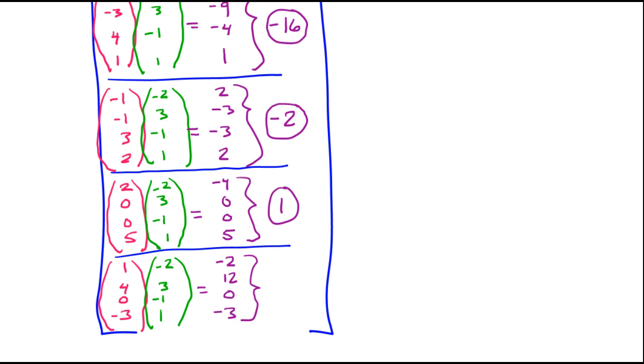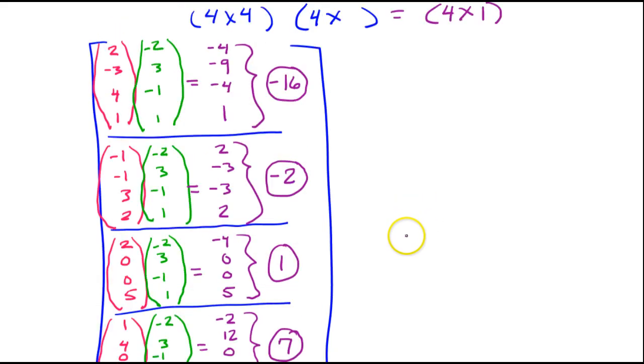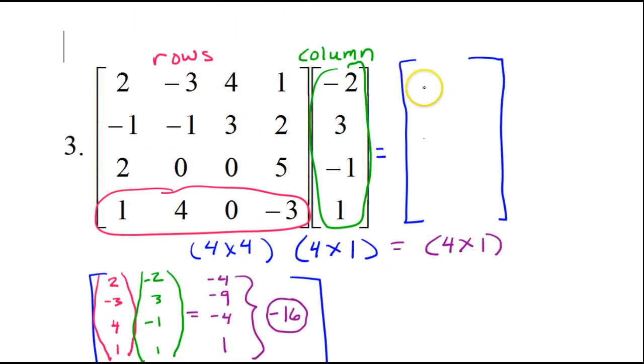Add them all up, and you get 7. So these will be the elements of my final answer: -16, -2, 1, and 7. So this is the final answer for number 3 right here.